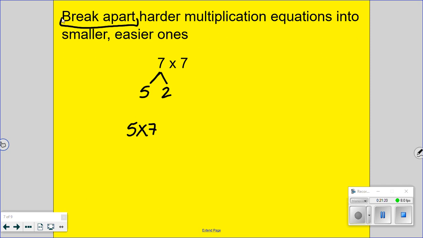I'm going to put this in parentheses because that's its own little mini section. That's what parentheses means. Do this section first. And then next to it, I still have my 2 groups of 7. I'm going to put that in parentheses.